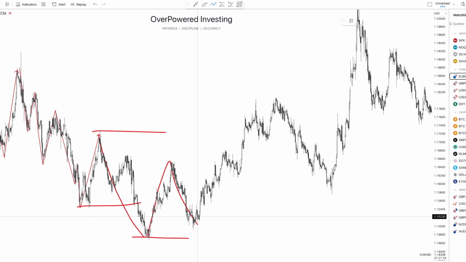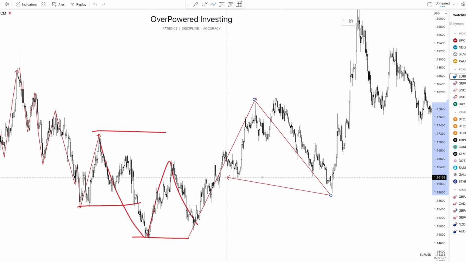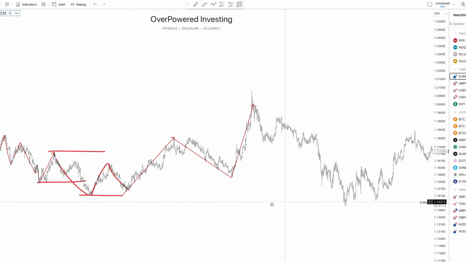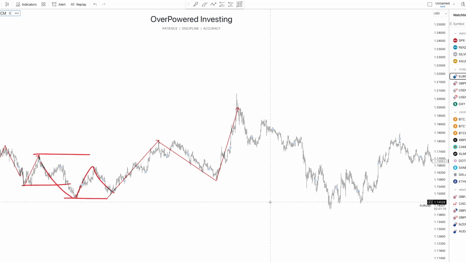Anyway, after that, we sweep here, some rangy market conditions. We break out finally right here, and then we're pushing down all the way down here, like a 60% retracement level to the downside, probably, and then we are pushing to the upside. So yeah, this is how you read the market structure.